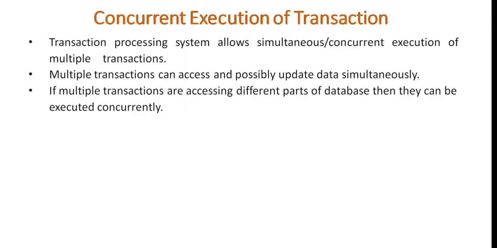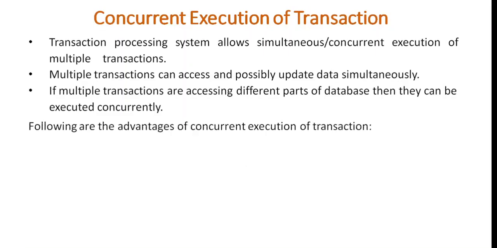If multiple transactions are accessing different parts of the database, then we can execute those transactions concurrently. That means in concurrent execution, transactions are executing at the same time and possibly they access different parts of the database.